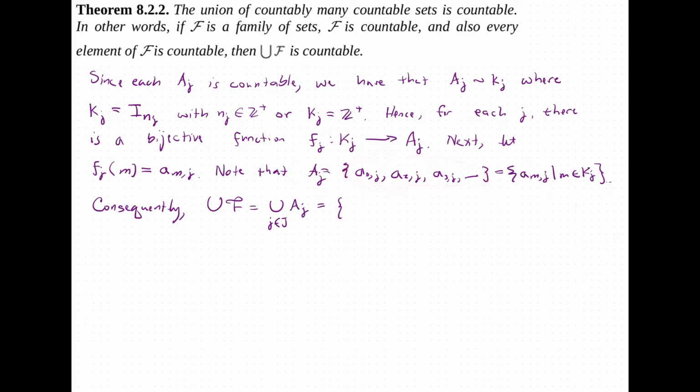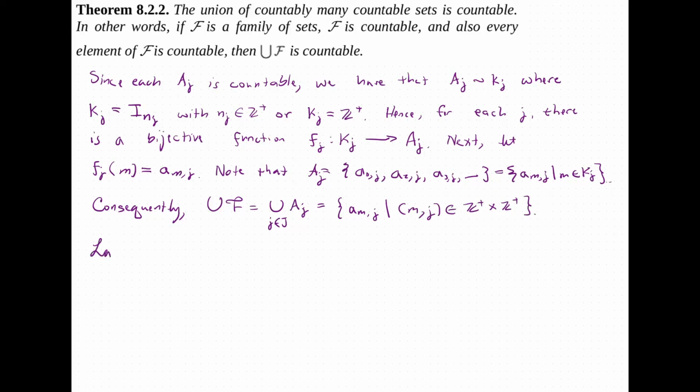And so we're going to have elements of the form a sub m comma j, where m is a positive integer and j is a positive integer. So in other words, we have an ordered pair in the Cartesian product of the integers with themselves.